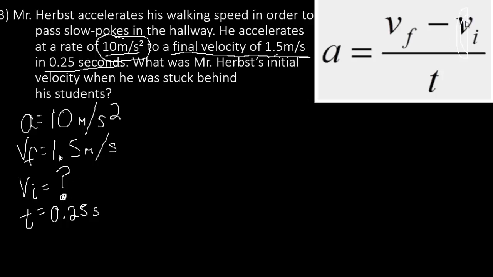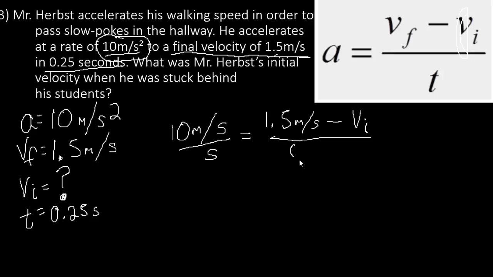So once you know that, you can plug and chug everything into your acceleration equation. So 10 meters per second squared is equal to our final velocity, which is 1.5 meters per second, minus our initial velocity, which we do not know, all over our time, which is 0.25 seconds. Now, once again, we are solving for VI, so we need to get VI alone.